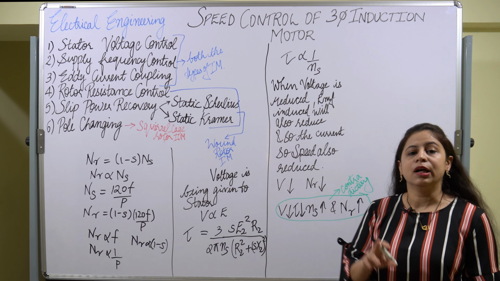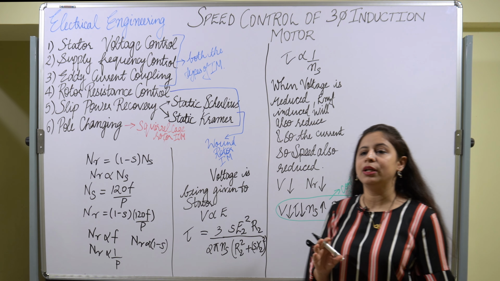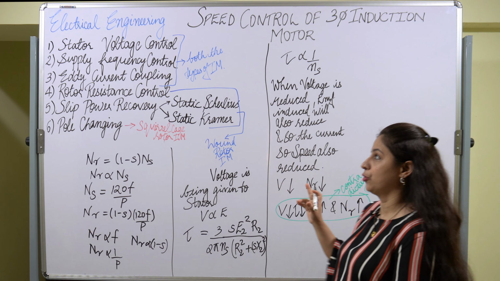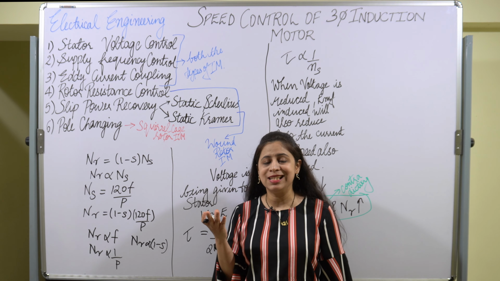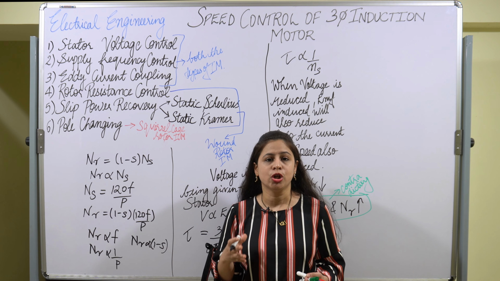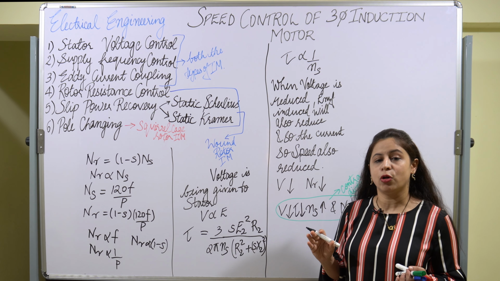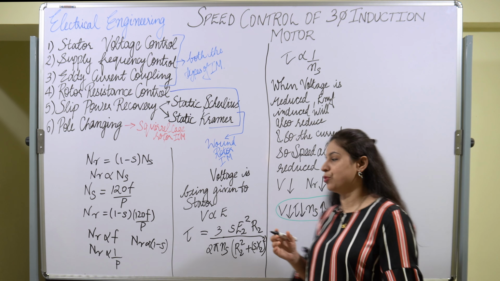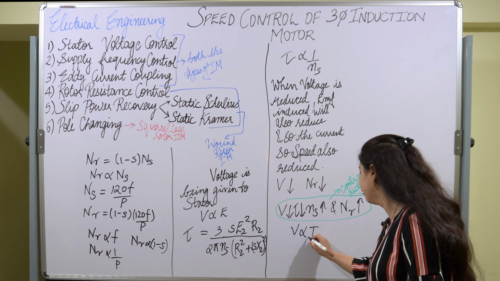So when I need my torque to be reduced, then only I need to apply this method of stator voltage control. So such type of loads are fan loads. These are the loads in which when the voltage is reduced, the speed is also reduced, along with the current, and also the torque, because my V is directly proportional to I.